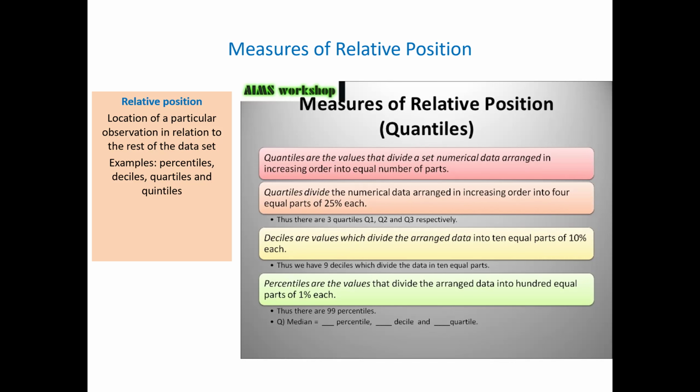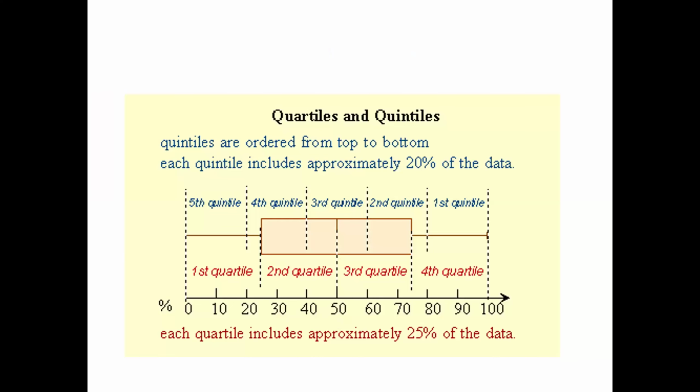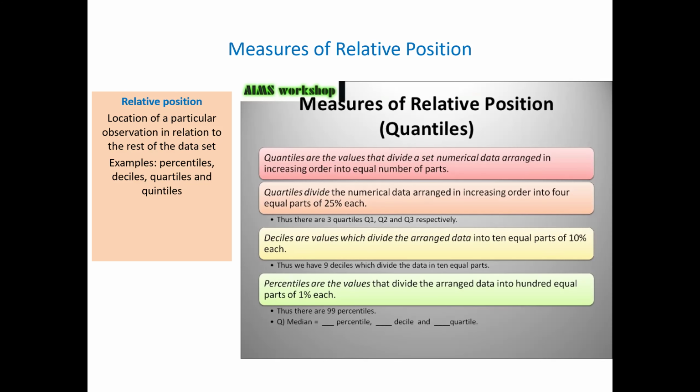So the best word to use here is quantile, relative position. A quantile is a line that divides a particular data set, when you have put it in order, into equal parts.